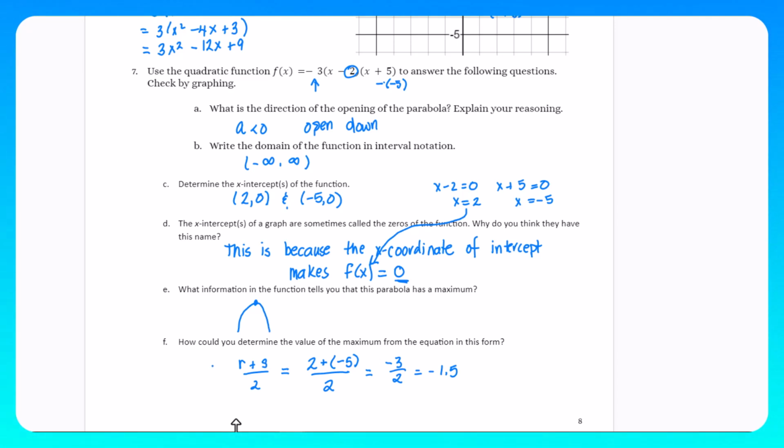And this would be how we can determine the maximum. Because now that we have this, we can actually take that and plug it in, whatever it works out to be, and that's going to equal the y max.